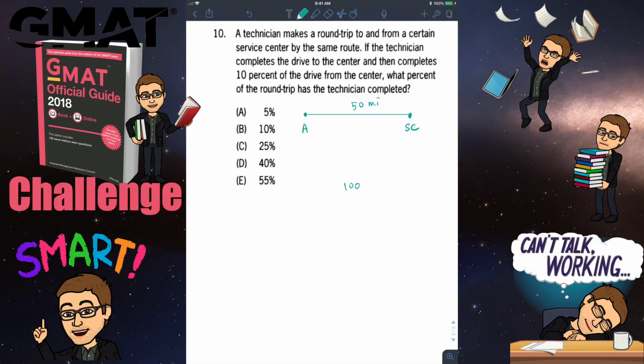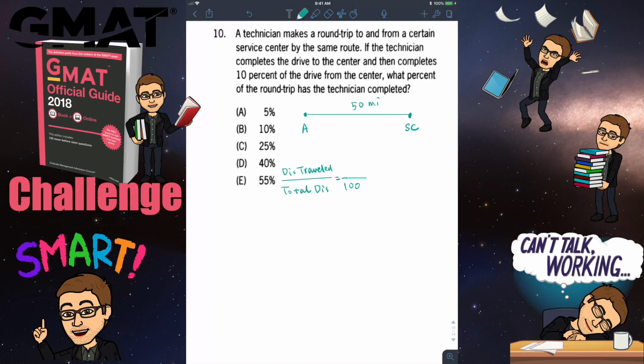And since it's a percent problem, before we did talk about the percent formula, part divided by whole. So this is basically the distance traveled divided by total distance. And we already know total distance is 100.